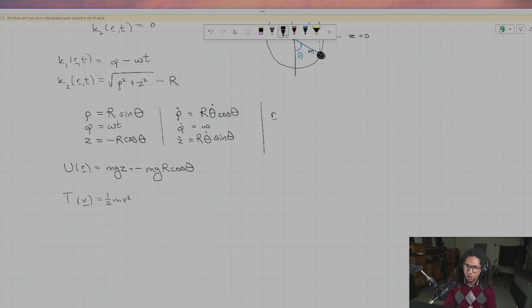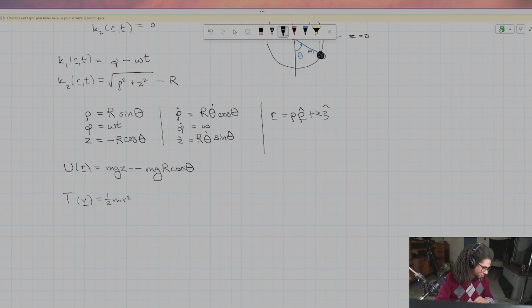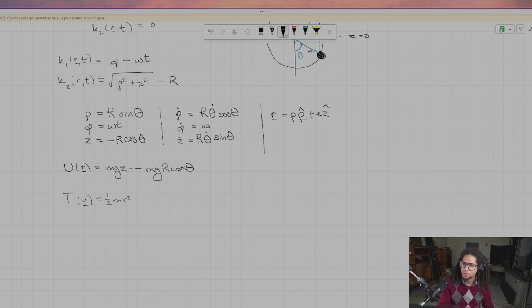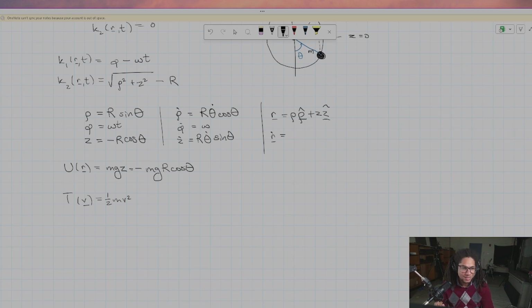Okay, so r in cylindrical coordinates is equal to rho rho hat plus z z hat, which means that r dot in cylindrical coordinates is going to be what r dot is in polar coordinates, and then plus z dot z hat. Now, we already worked this out in a previous video, so I'm just going to refer you back if you want to see this again.